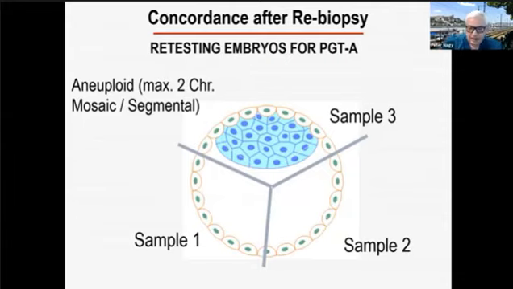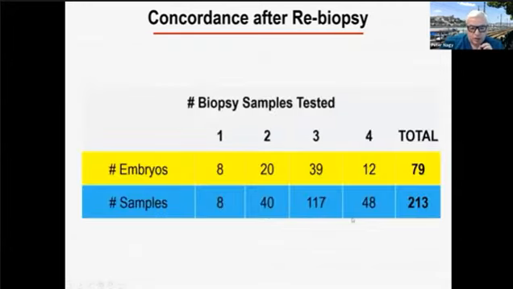Then we thawed the embryos, and depending on how many cells the embryo still had, we took out some other pieces and analyzed those pieces. We tested a total of 79 embryos and a total of 213 samples.